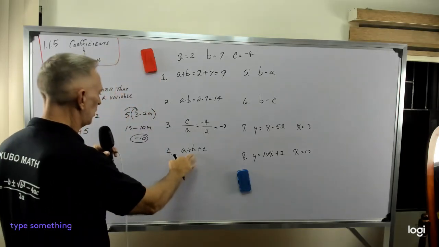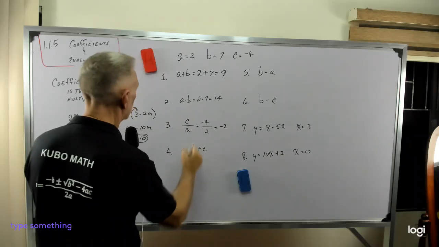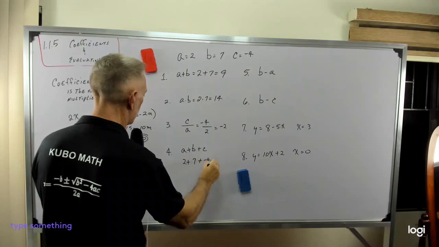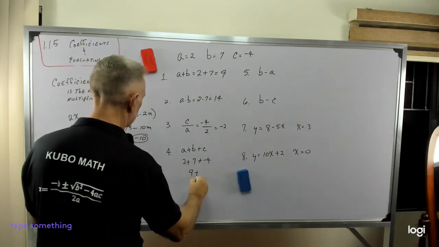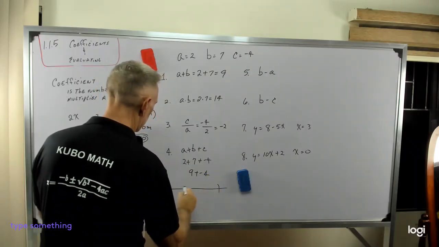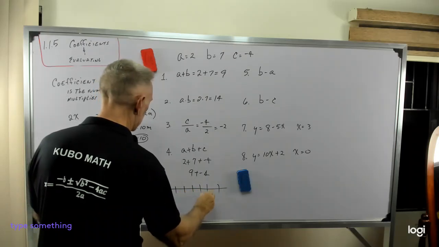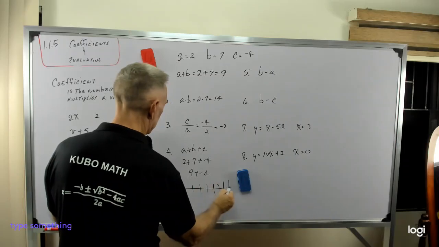So now a plus b plus c. I have 2 plus 7 plus a negative 4. So 2 plus 7 is 9 plus a negative 4. And now we're on our number line. Let's say this is 0, 1, 2, 3, 4, 5, 6, 7, 8, 9. I'm out here at 9.